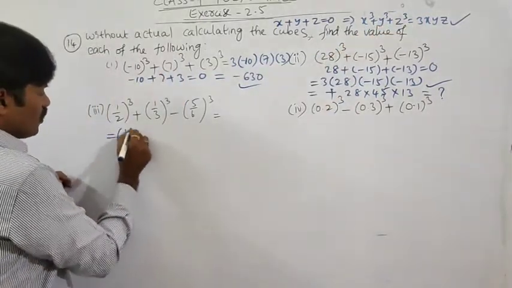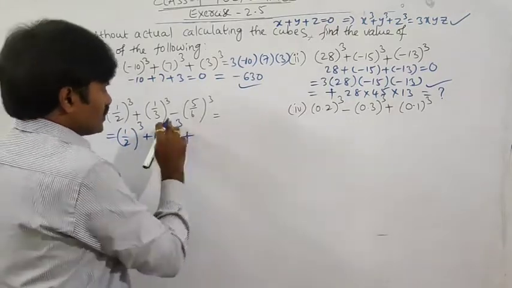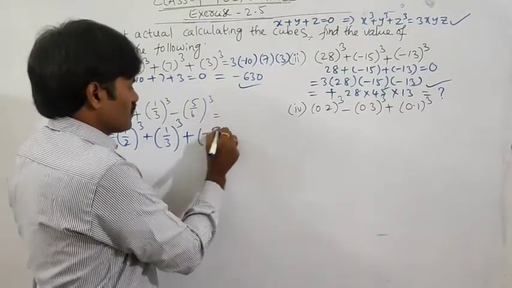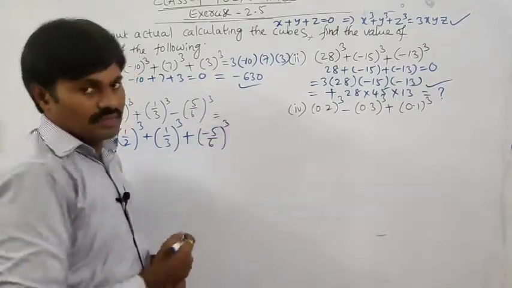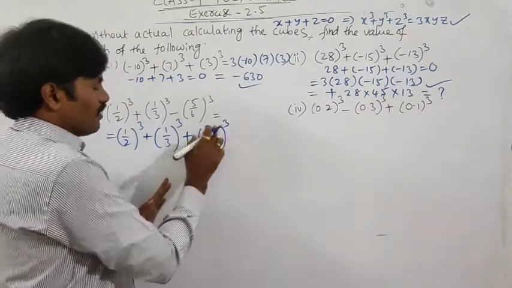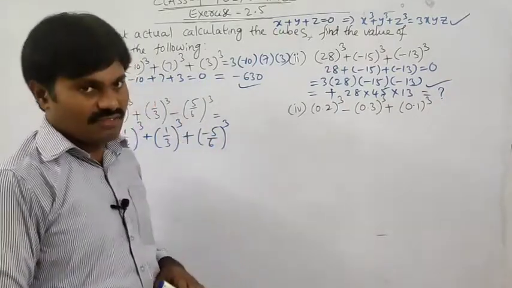So 1 by 2 whole cube plus 1 by 3 whole cube, plus shift the minus inside, then it becomes power 3, then it becomes minus 5 by 6 whole cube. Because the power is an odd power, the negative sign stays when you simplify. Okay.